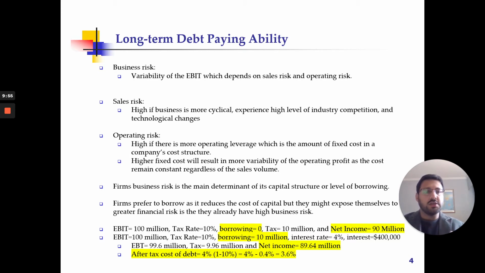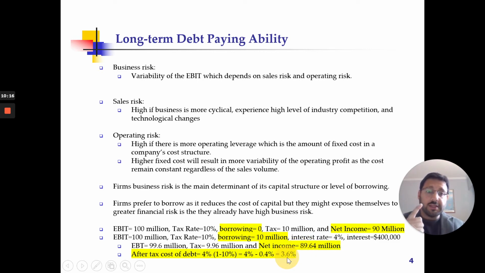And the rest you will pay. So the after-tax cost of debt will be 4% times (1 minus 10%). So 4% times 10% is 0.4%, and if you subtract that from 4%, actually the cost is not 4% which the firm has to pay. They will be paying 3.6%.